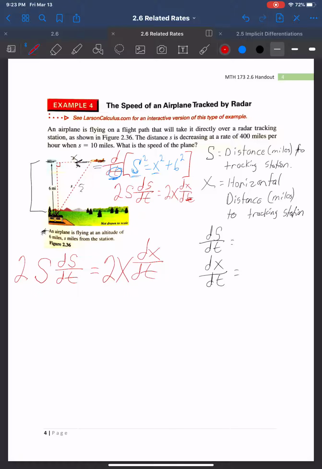All right. Now, the way this works is at some point in time, we better have some information to plug in, and we better know what it is that we are solving for, okay?